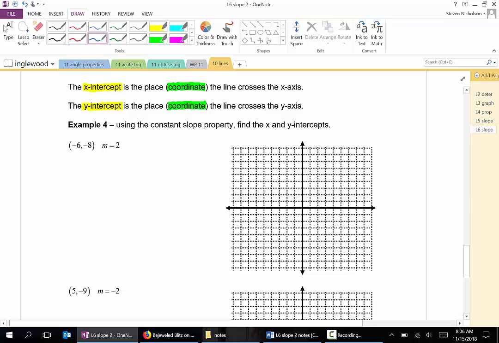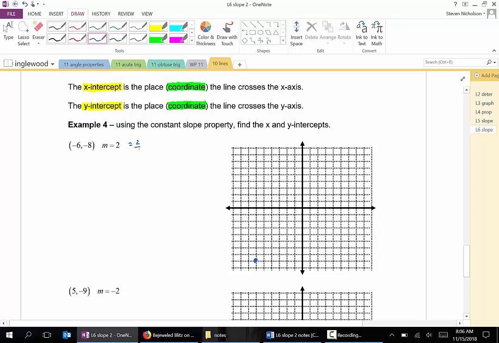So let's have a look at the first one. -6, -8. Now I'm just going to do a bunch of dots again because I can't stick a ruler on here, but you should connect the dots and make sure you see. If we're lucky, we can actually see exactly where this line crosses. So here's all I'm going to do.